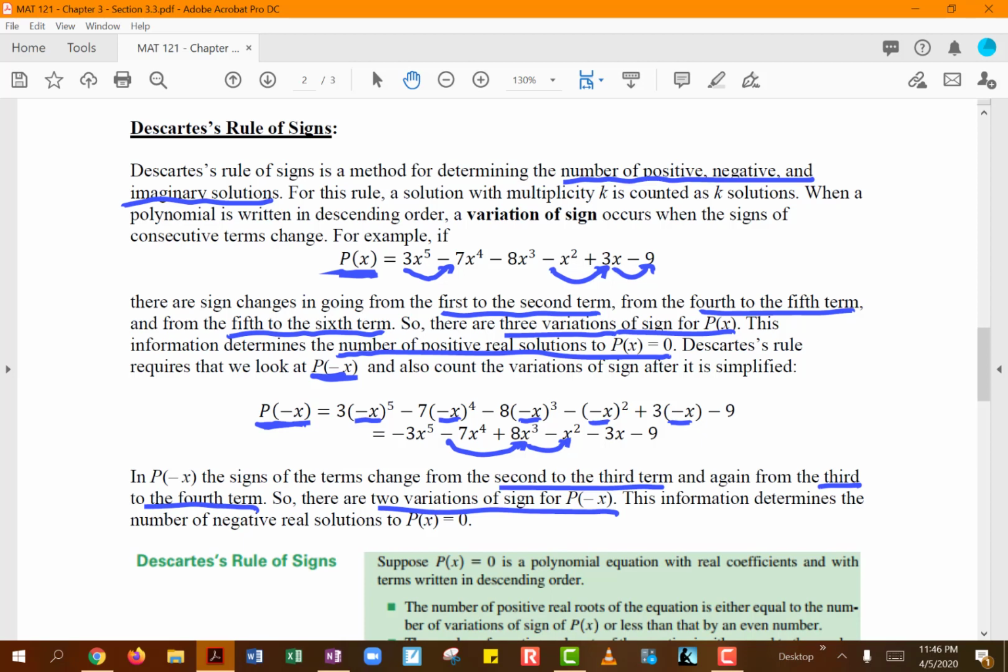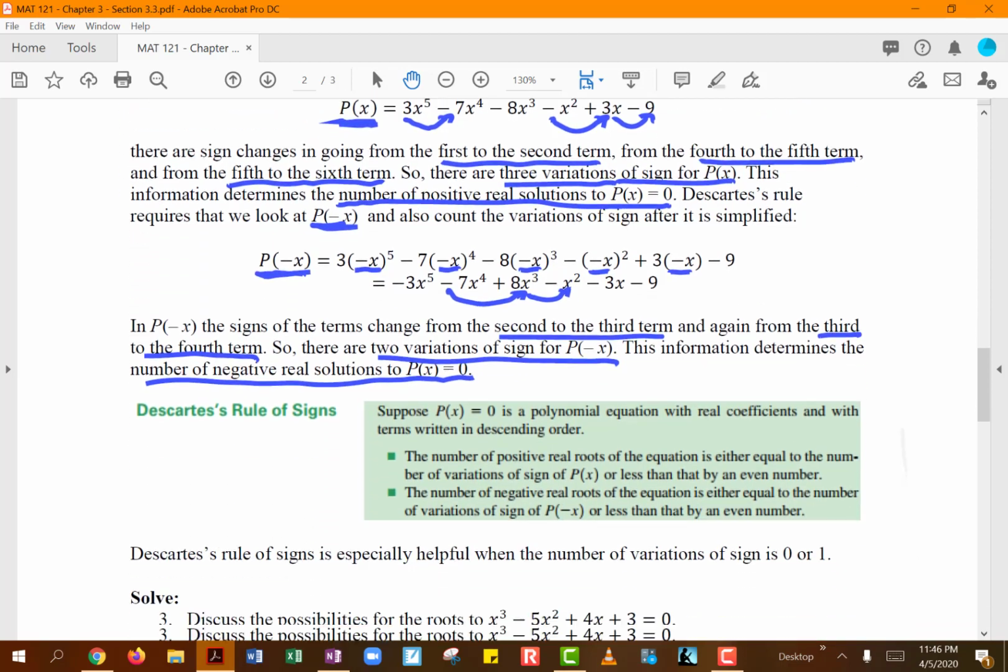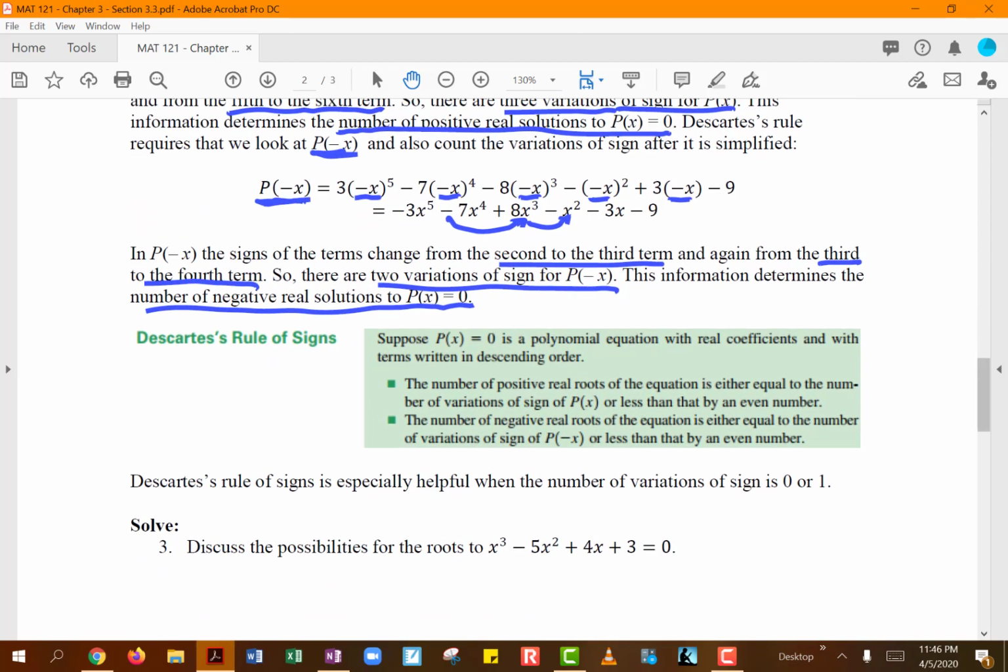And this actually tells you how many negative real solutions the polynomial function has, right? So this is how you can calculate how many positive real solutions and how many negative real solutions you have. But like I said, there are a couple more details I wanted to talk about.